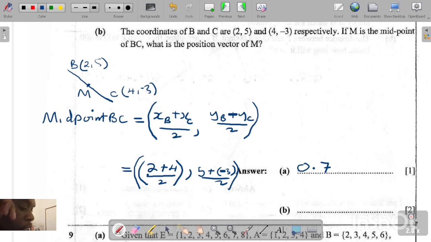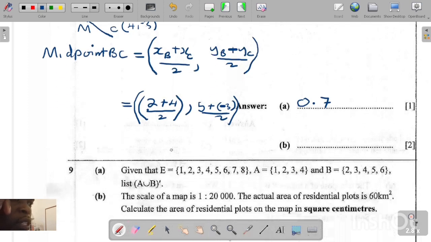Everything in brackets like this because these are coordinates. So 2 plus 4 is 6, so we have 6 over 2, 5 plus -3 is same as 5 minus 3, which is 2 over 2, and everything in brackets. 6 divided by 2 is 3, then 2 divided by 2 is 1.